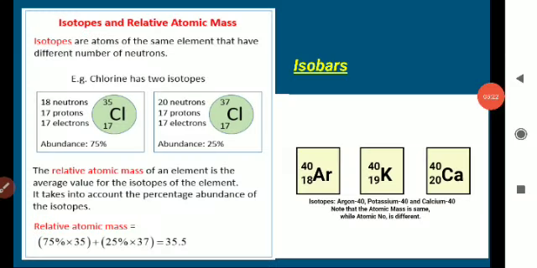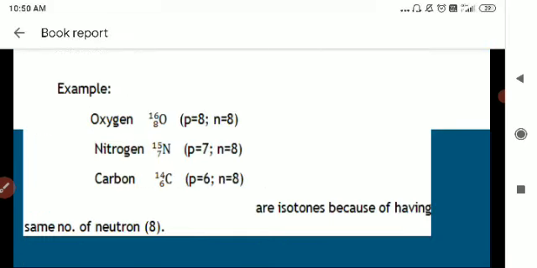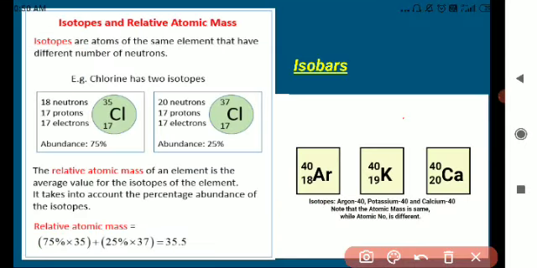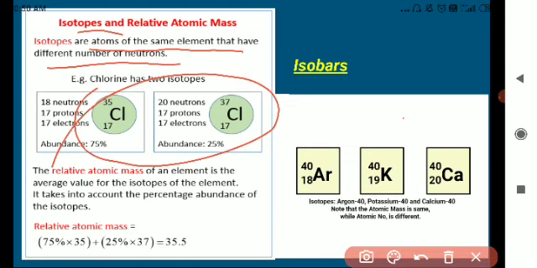So your next topic is isotopes and isobars. What are isotopes and isobars? Isotopes are atoms of the same element having different numbers of neutrons. If we simplify this, atoms having the same atomic number but different mass numbers are known as isotopes.